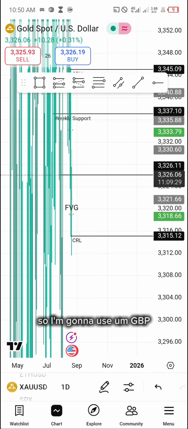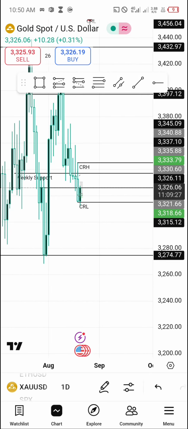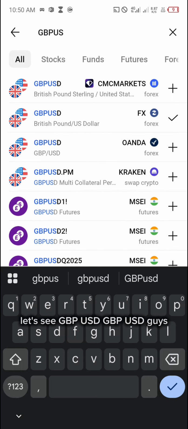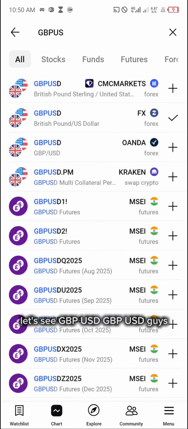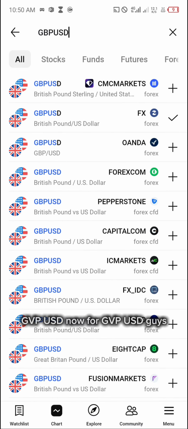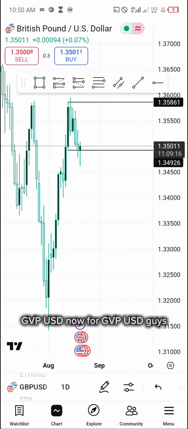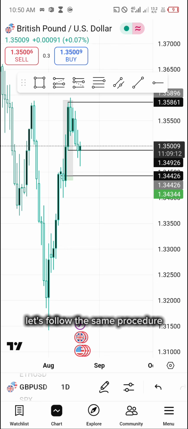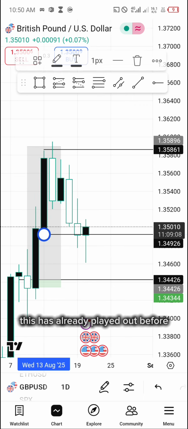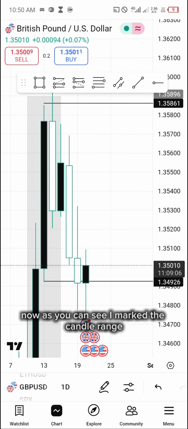So I'm going to use GBP USD, guys. For GBP USD, let's follow the same procedure. This has already played out before now. As you can see, I marked the candle range.